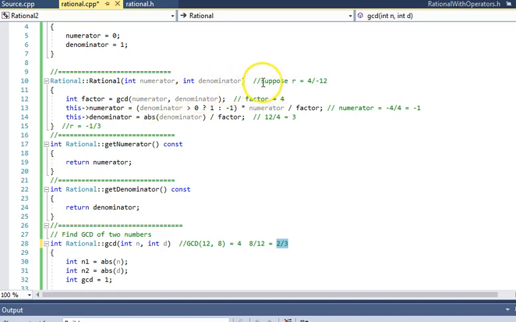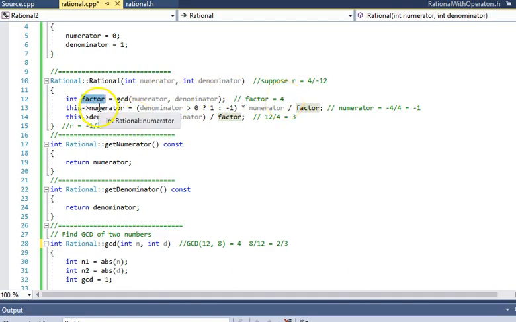So for example, let's say the rational number is 4 over negative 12. Basically the numerator is 4 and denominator is negative 12. What this constructor does, first it finds the greatest common divisor and assigns it to factor. The greatest common divisor of 4 and 12 is 4.